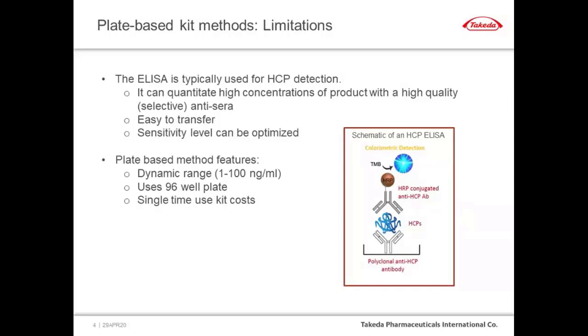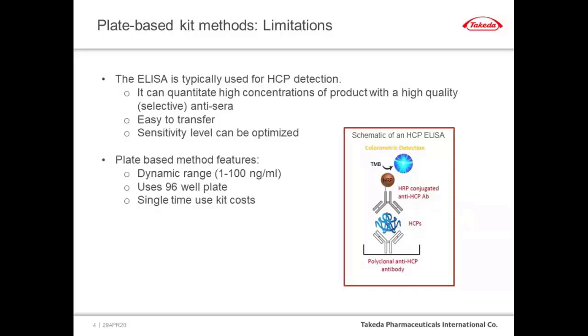So using plate-based assays obviously has advantages, but it comes with some limitations. One limitation that I experienced in some of the programs that I work with or support is the dynamic range. Mostly the Cygnus 3G, third generation kit, is used a lot for these purposes, and the dynamic range for their standards is 1 to 100 nanograms per mL.